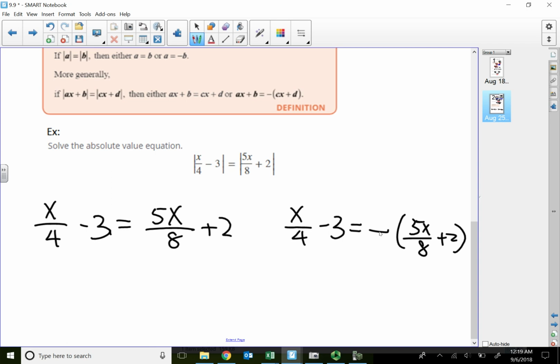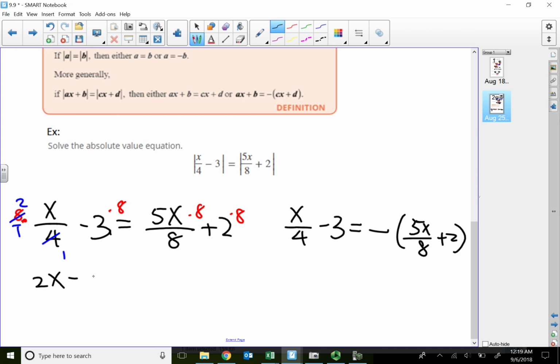All right, so here I am going to clear the fraction real quick. My LCD is 8, so I'll multiply every term by 8. So when I times 8, 8 means 8 over 1. The 8 on top, 4 in the bottom, reducing to 1 and 2. So this is 2x.